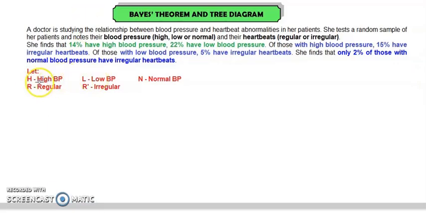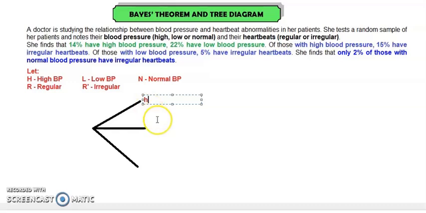For the first event we have 3 outcomes, so let's draw the branches. Then you put the labels. Here is high blood pressure, here low, and the last one is for normal.